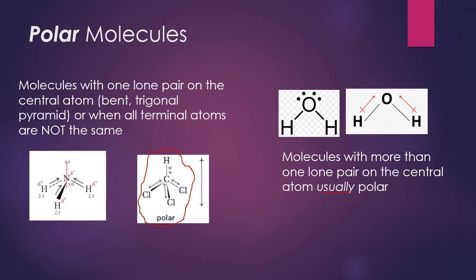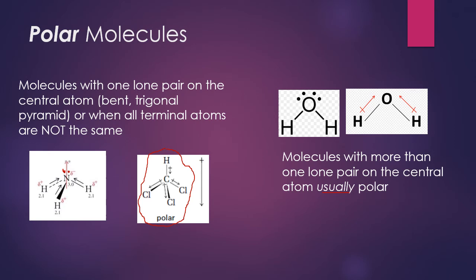And going back over to this nitrogen trihydride example, it might be hard to see, but there is a lone pair on the nitrogen. So that's why nitrogen trihydride is polar. There's a lone pair on the central atom, causing it to be a trigonal pyramid. Couldn't think of the name.